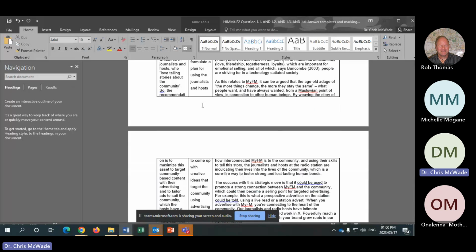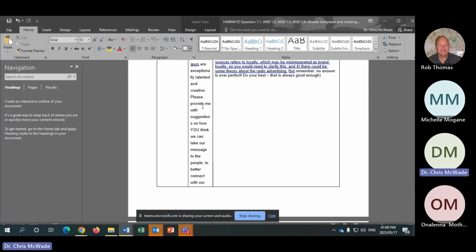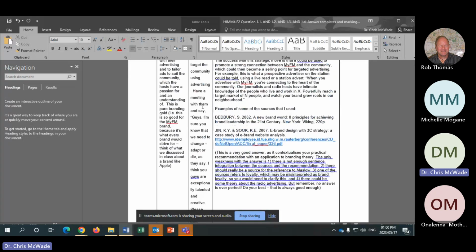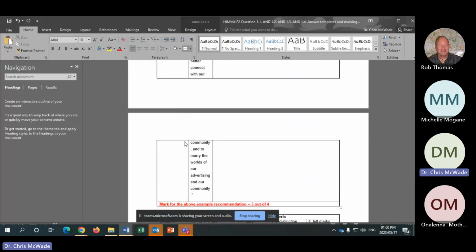Every column mentions it somewhere, and if you aren't mentioning it, then you're going to lose marks. Here, creative ideas that target the community. Column 1, same thing, targeted advertising.